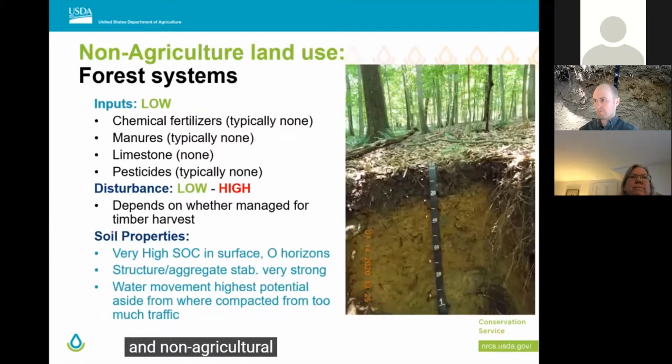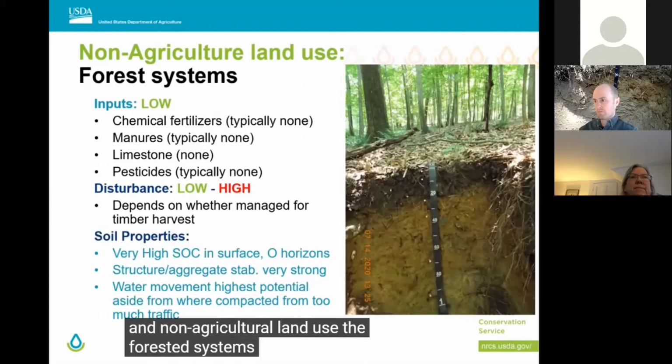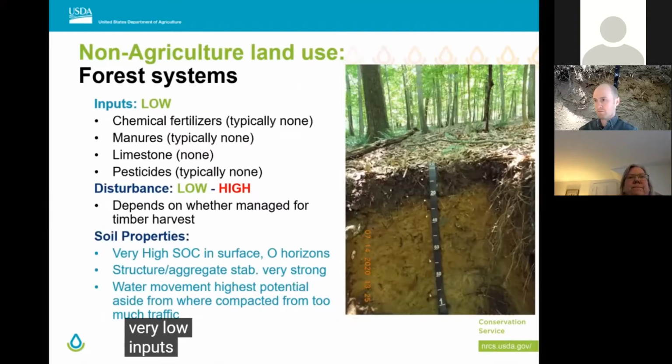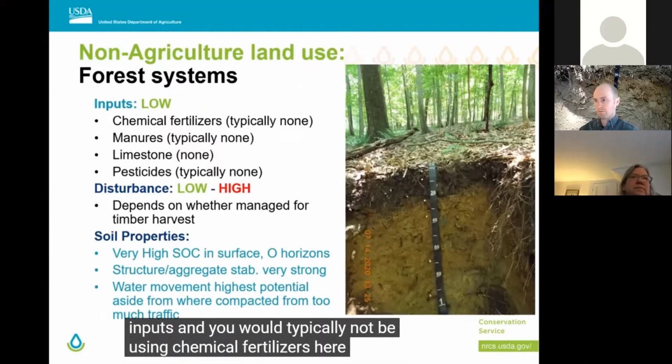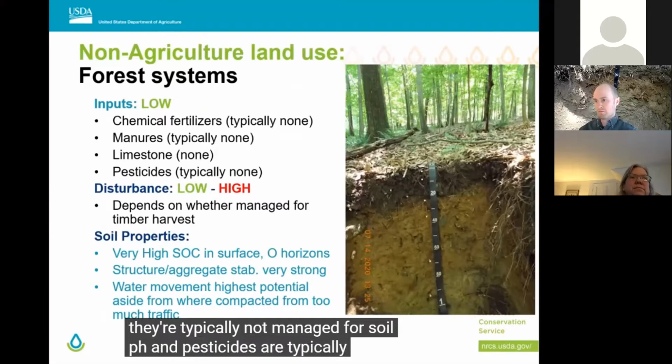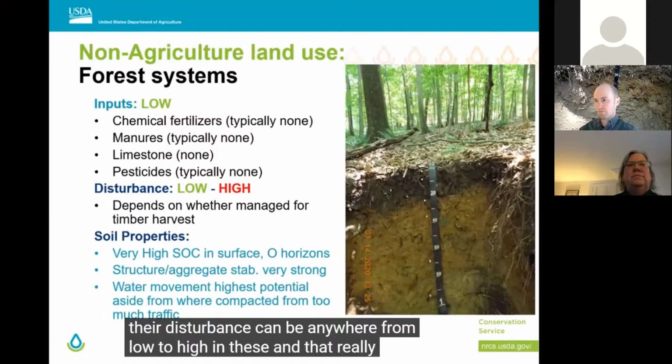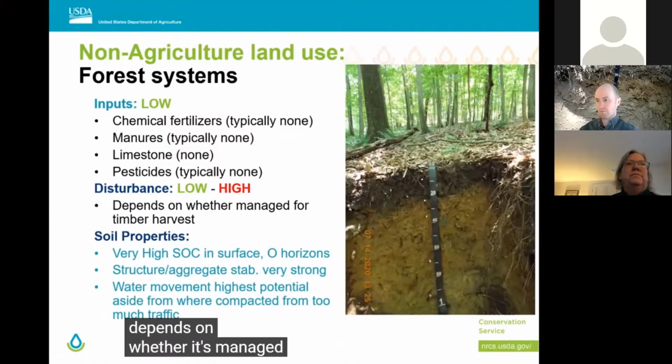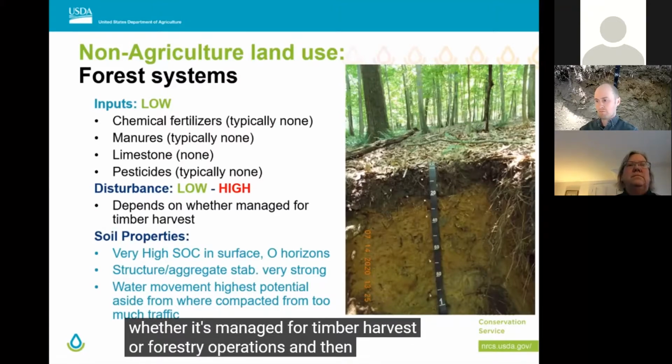And then non-agricultural land use and forested systems. These tend to have very low inputs. You would typically not be using chemical fertilizers here. They're typically not managed for soil pH, and pesticides are typically not used. Their disturbance can be anywhere from low to high, and that really depends on whether it's managed for timber harvest or forestry operations, and then how it's managed.